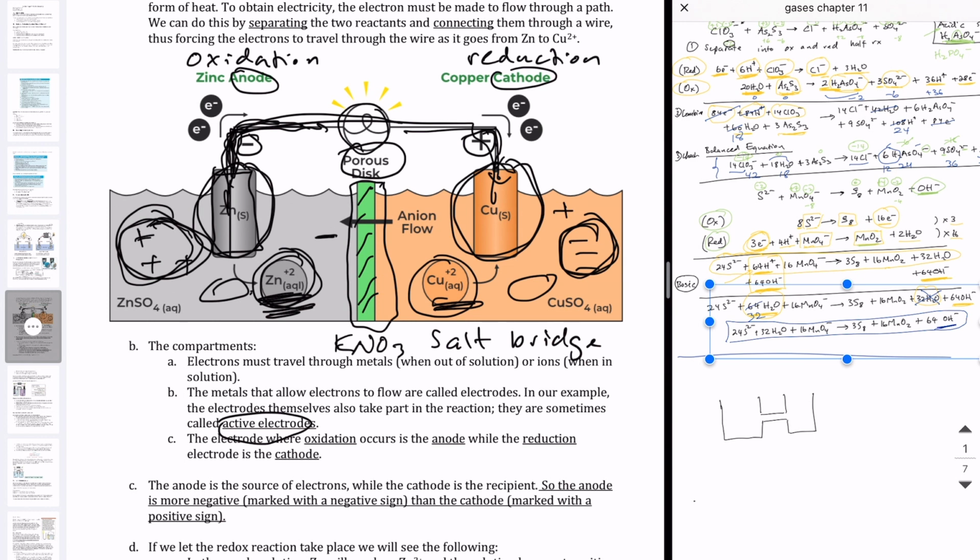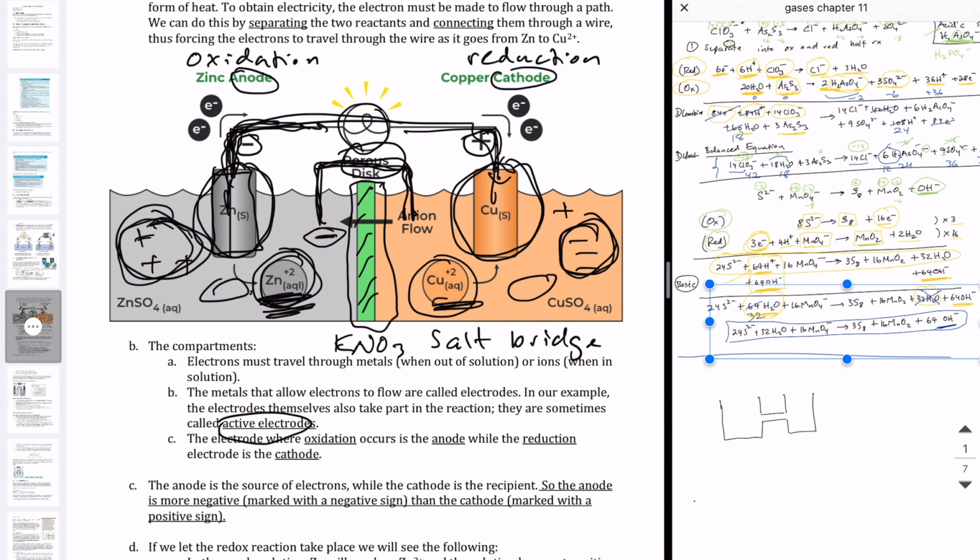Usually potassium nitrate is a common one, or sometimes we just put a piece of wet paper that connects the two compartments, with that paper having been submerged into an ionic solution, so there are ions on the paper itself, and it could basically release some of those ions into the appropriate compartment.